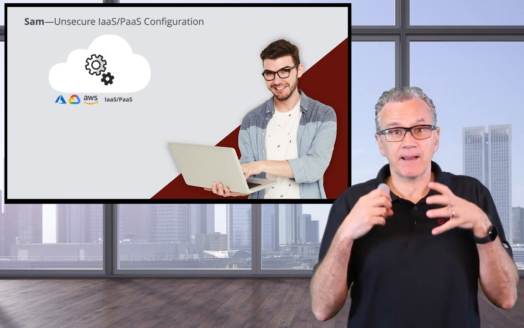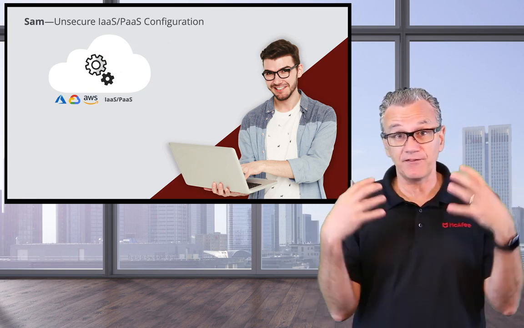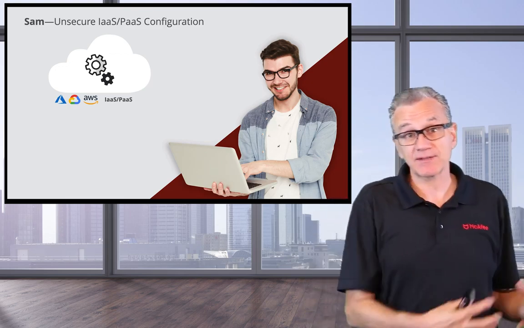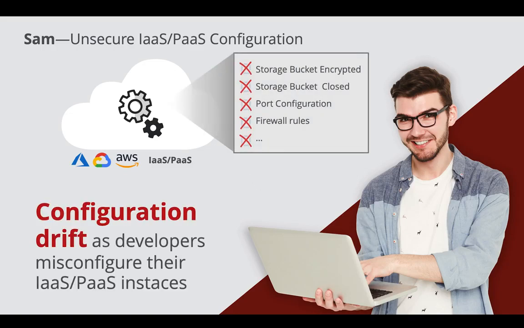Secondly, as Sam is under a lot of pressure to build new applications that differentiate his company and allow them to create new digital experiences, he uploads and deploys his applications, sometimes not realizing that the underlying infrastructure is not properly configured for security.